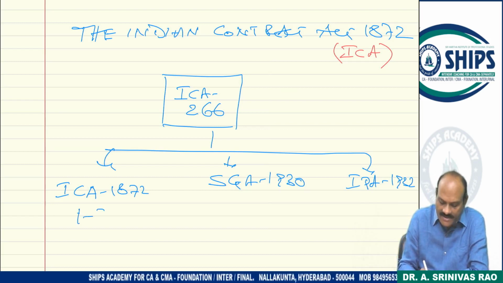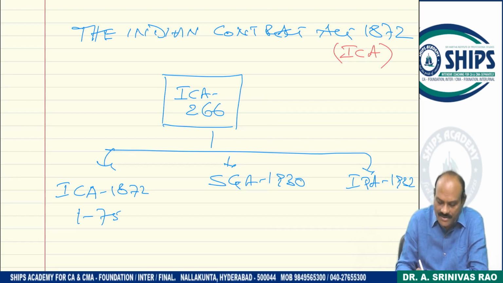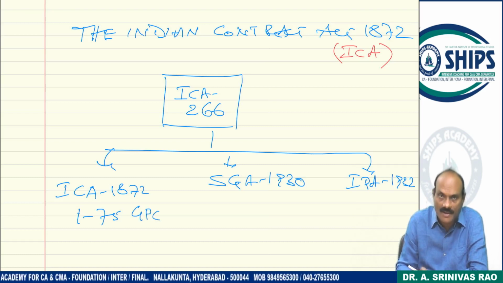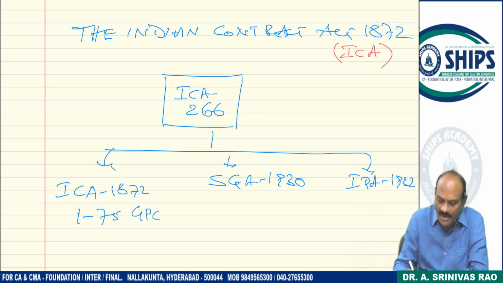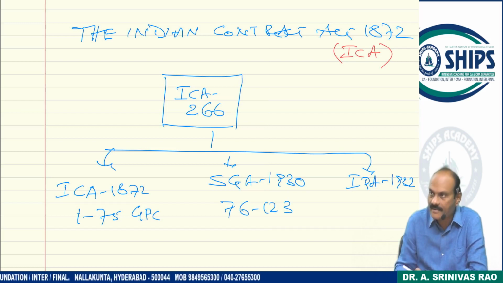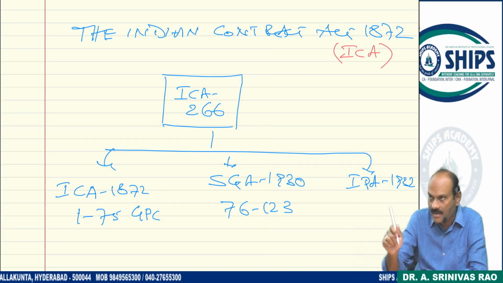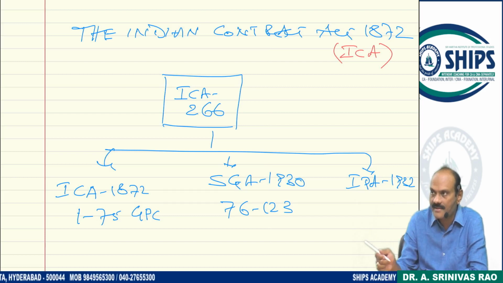Indian Contract Act sections 1 to 75, which you know very well, already studied. This is General Principles of Contract. Again, sections 76 to 123 of the Contract Act were repealed and transferred to the Sale of Goods Act 1930. A part of the Contract Act only, segregated and enforced as the Sale of Goods Act 1930.